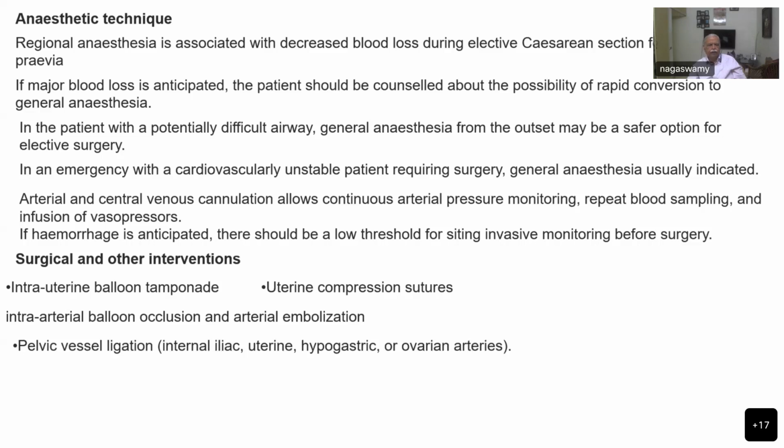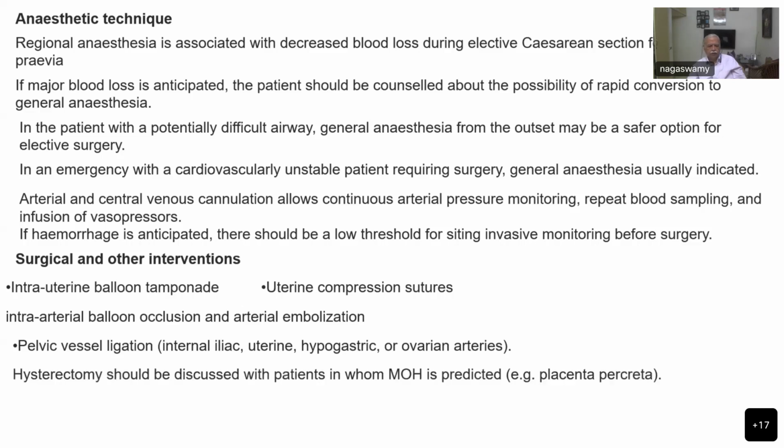And pelvic vessel ligation will be required when the abdomen is already open. But if it is done in a patient who is bleeding vaginally after a normal vaginal delivery, then you may require an abdominal exploration. For that, you may have to go for a GA because already she will be hemodynamically unstable. So internal iliac artery or uterine artery ligation is done.